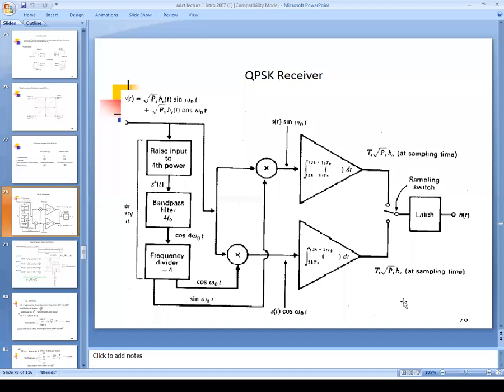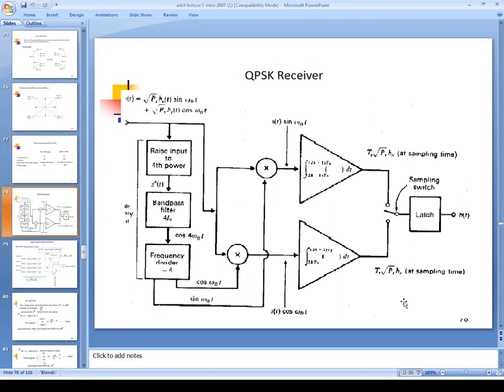So here, a balanced modulator. One of the inputs to the balanced modulator is b(t). Another input is root 2P_s cos omega naught t. The output of the balanced modulator is b(t) root 2P_s cos omega naught t, which is given to the channel. The channel output is b(t) root 2P_s cos(omega naught t plus theta), where theta is the delay of the channel.